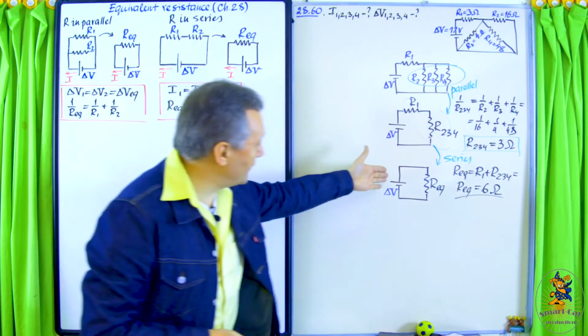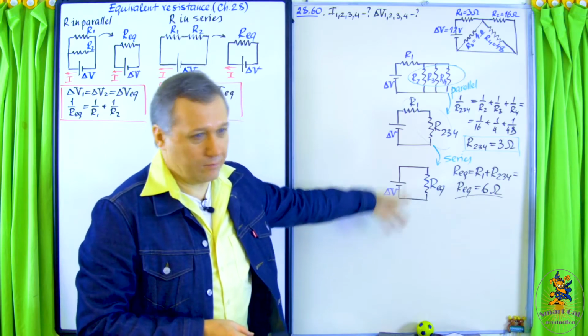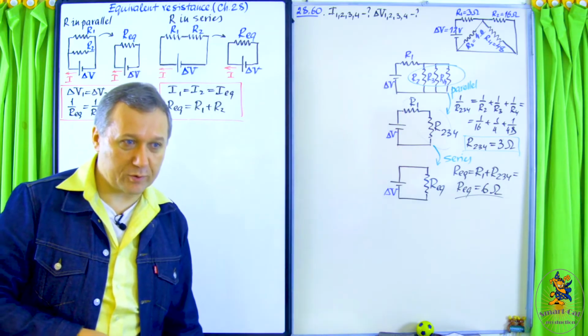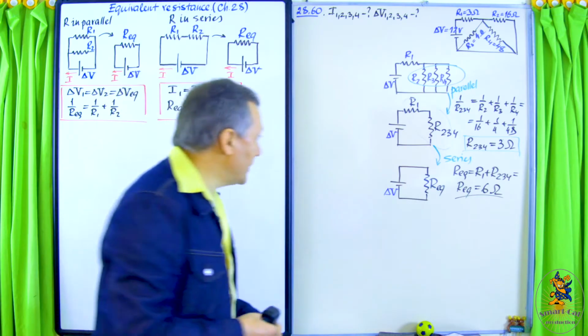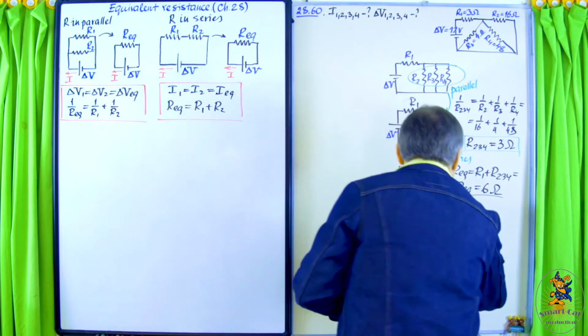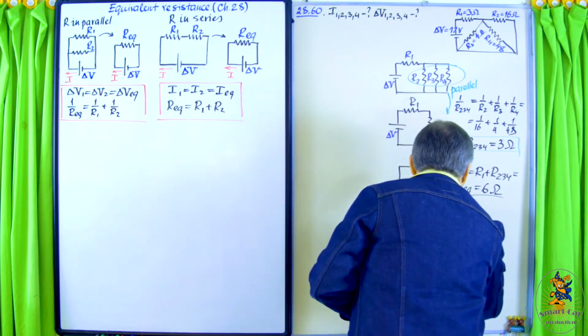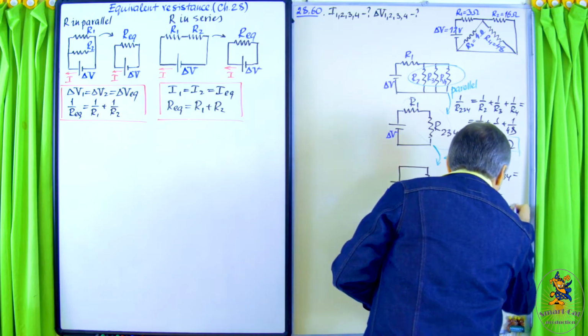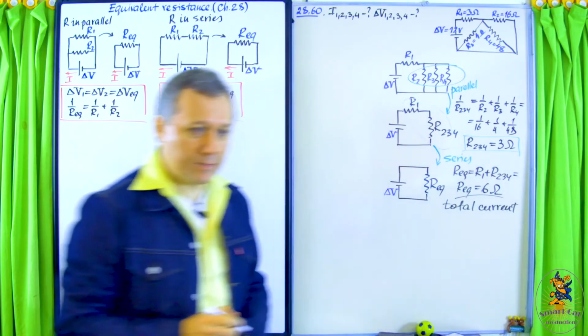Can we find the current, for example, taken from this battery? Piece of cake. Ohm's law. Now we need to use stuff from the previous class. After we manage to simplify the circuit, we can find the total current taken from the battery.